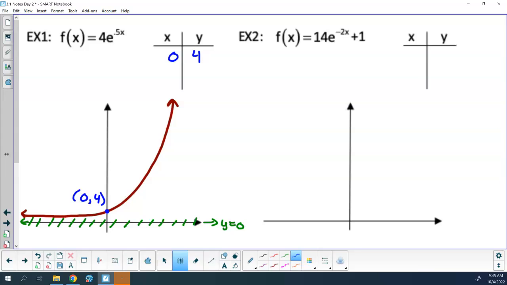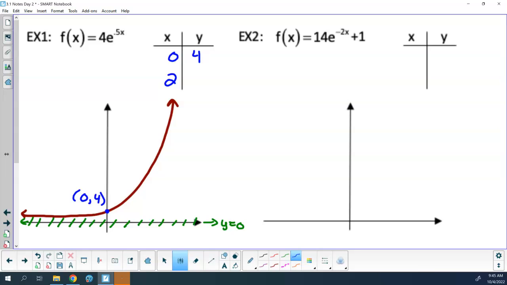What would a good x value be to try this one? 2, right? Because 1/2 times 2 gets me an exponent of 1. So instead of trying 1 here, I'm going to try 2.